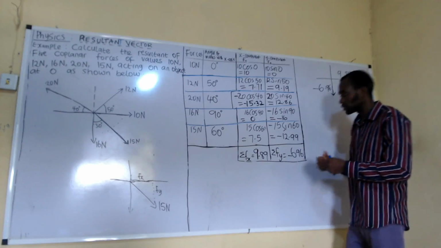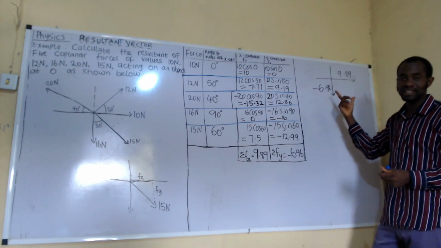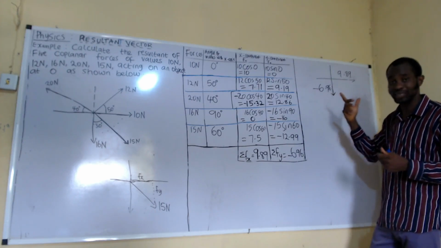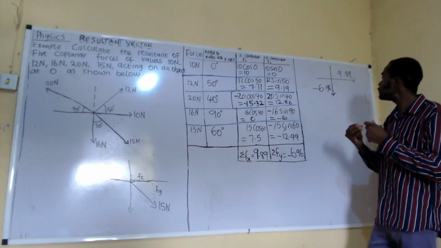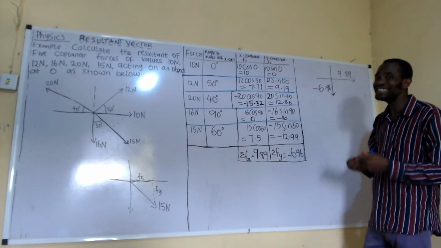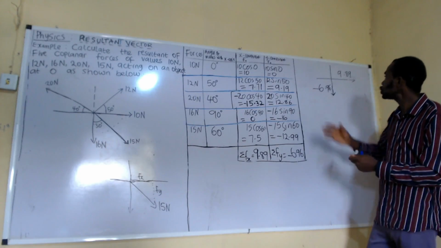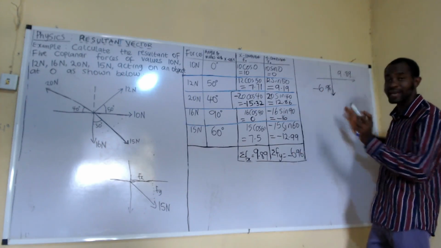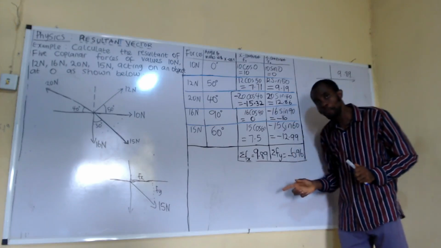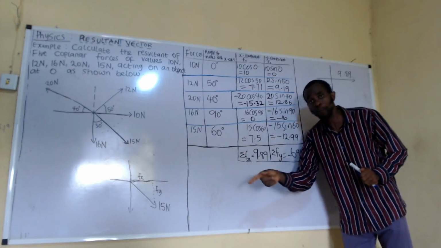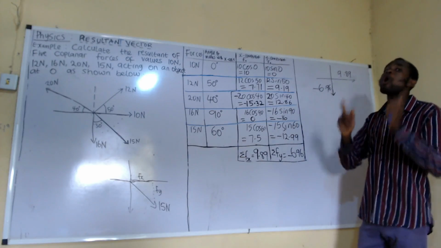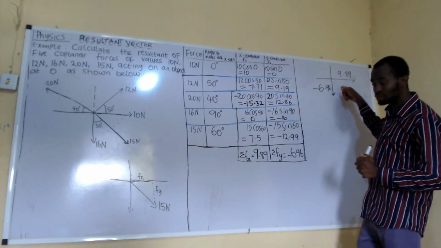So you have to bring this and place them in a diagram so that you'll be able to get your resultant vector correctly and its direction. Don't just place these two vectors anyhow. Now recall, the s component vector and the y component vector are always perpendicular, and that is what we are seeing here.